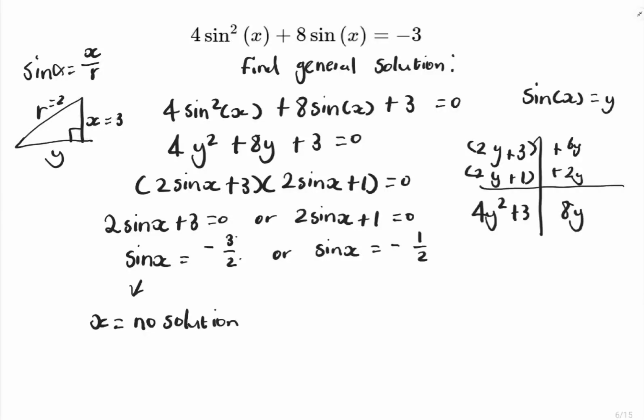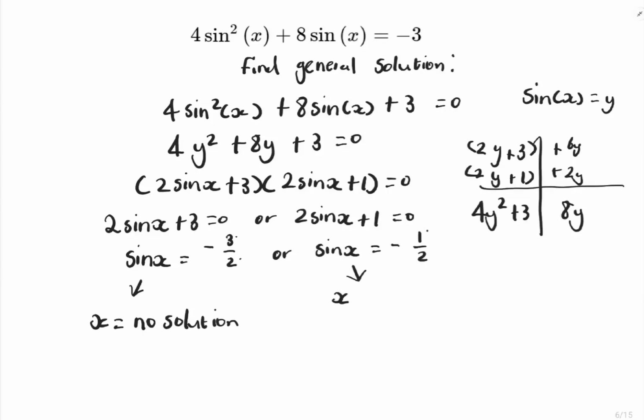So we are saying that a side is bigger than the longest side of the triangle. It doesn't make sense. So that's how I was immediately able to tell that this doesn't have a solution. But in the other case, looks like we're going to have a solution, right? Because the side is smaller than r.